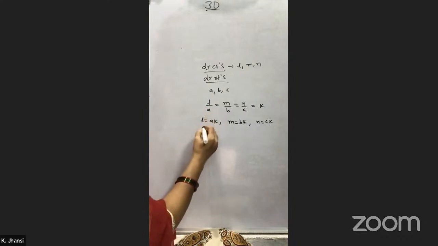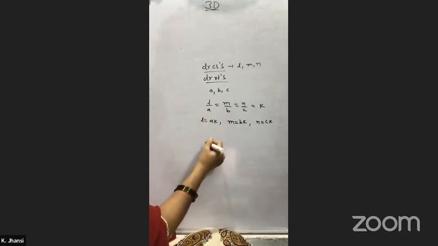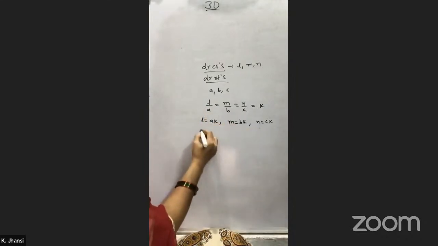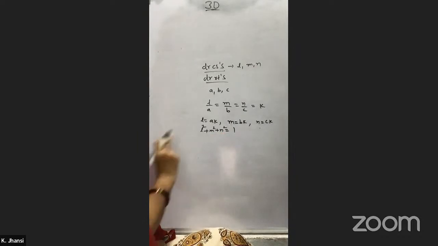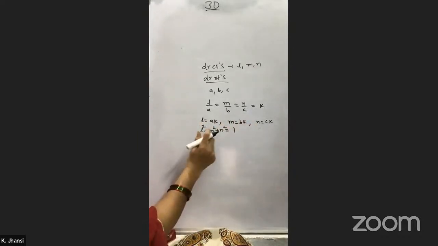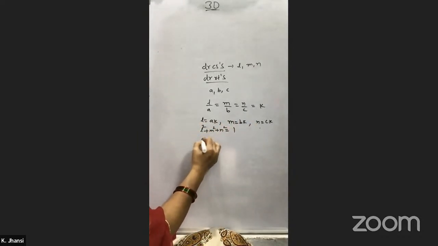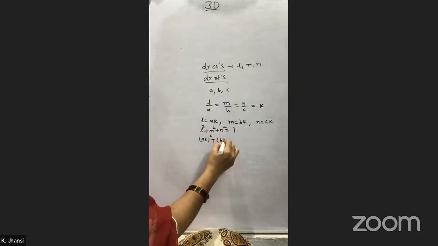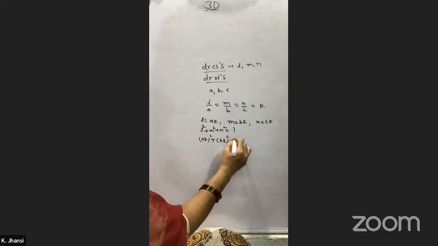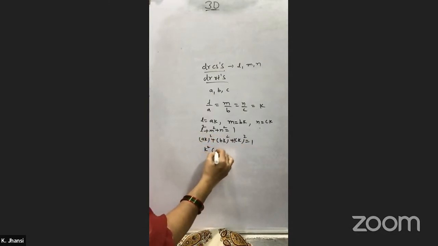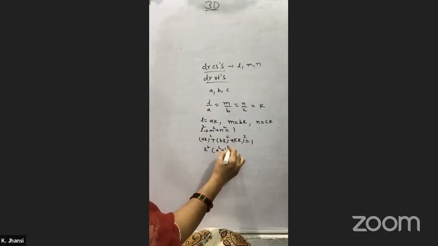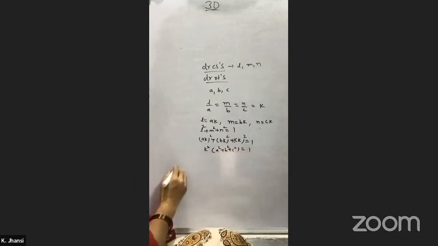Okay. So here we get the relation with the l, m, n values. We have just seen one result, l square plus m square plus n square equals 1. Substitute the l, m, n values here. So you get (ak) whole square plus (bk) whole square plus (ck) whole square equals 1. If we take k square outside, you get a square plus b square plus c square equals 1.